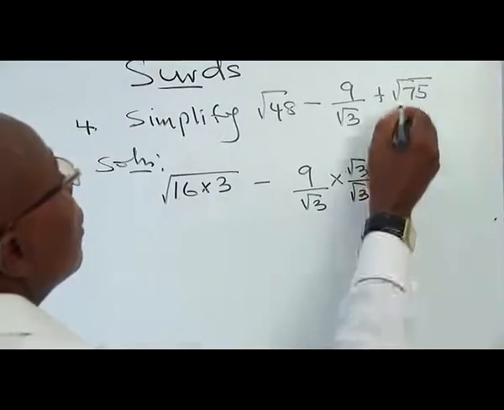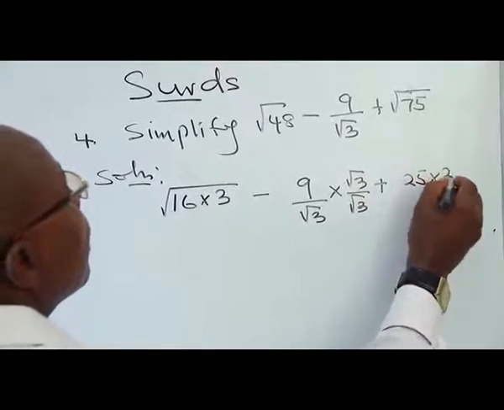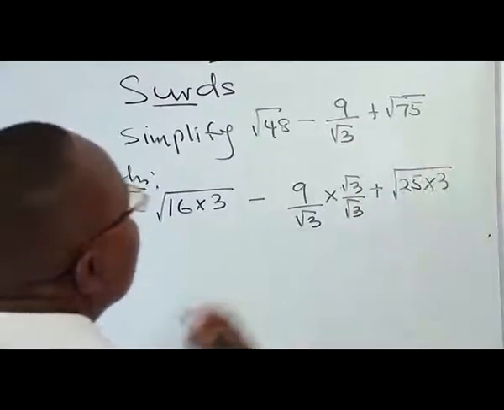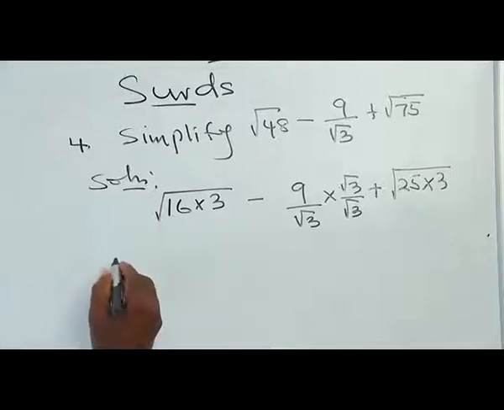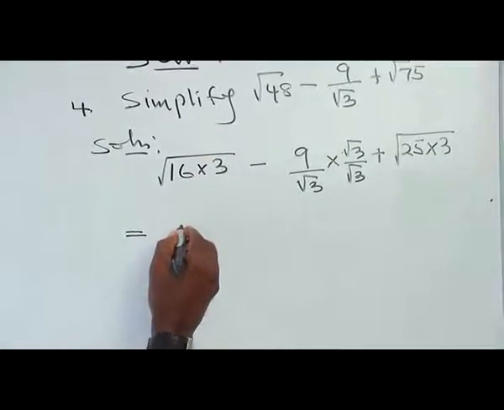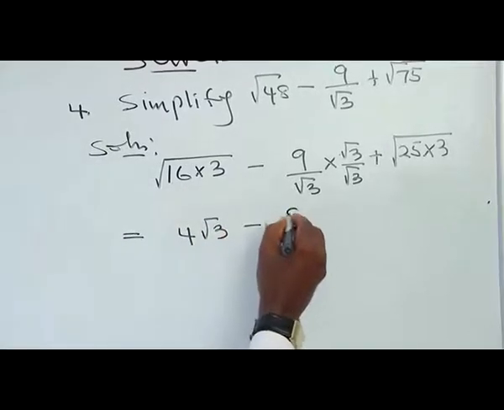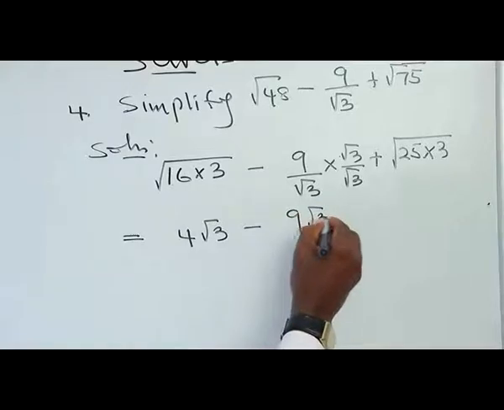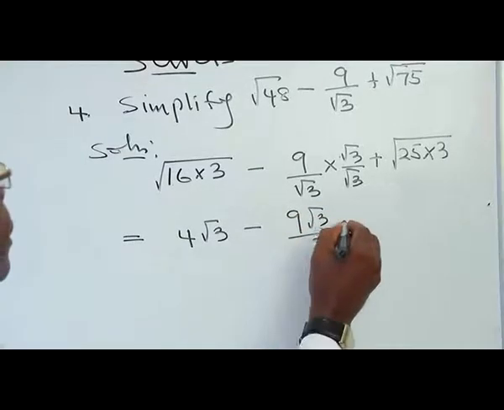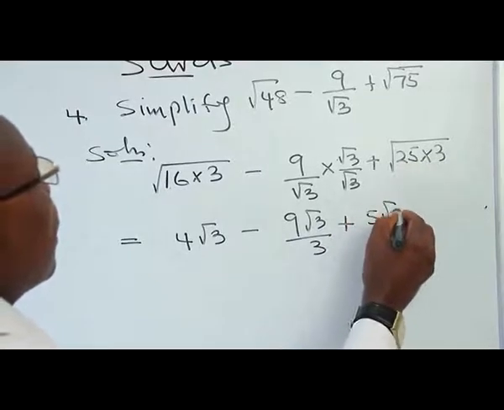Plus, this is 25 times 3 also on that square. Let's see what happens. We already know that root 16 is 4 times root 3. This is 9 root 3 all over 3. And root 25 is 5 and then root 3.